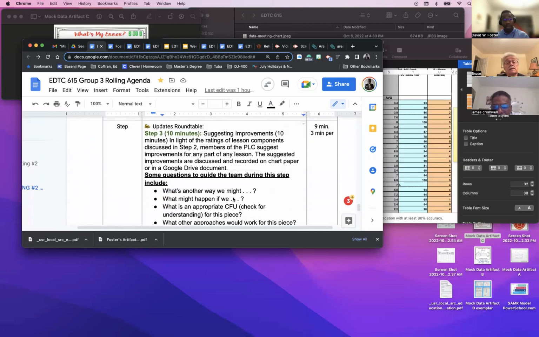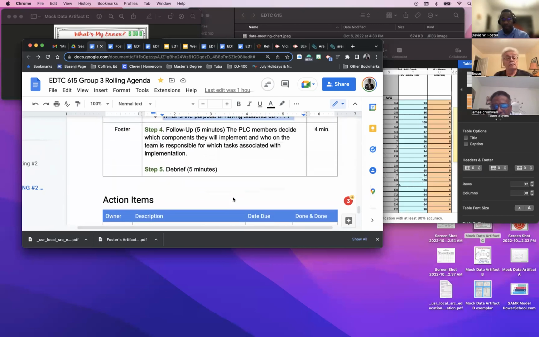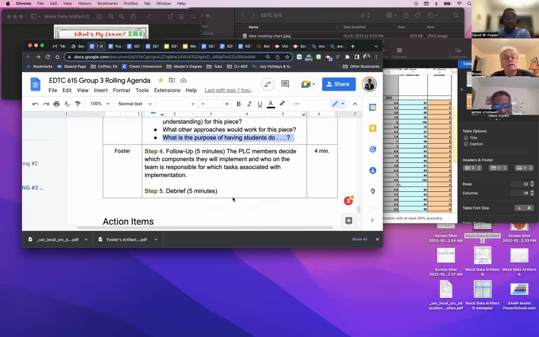Well, gentlemen, that concludes our data meeting number 2. All that's left is the debrief, which is a reflection on what we've done so far. We went through each of our artifacts. We talked about which ones we want to pull from the common artifact, which is going to be put into the presentation.